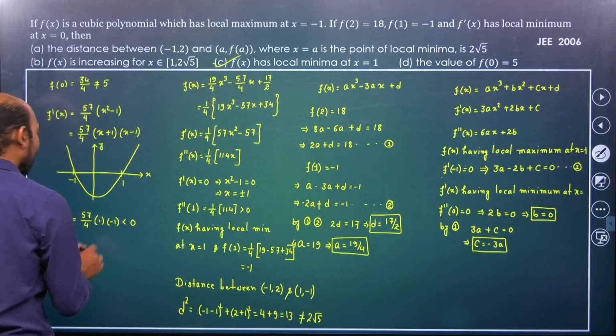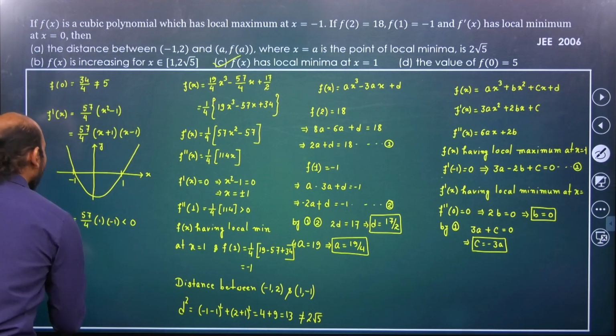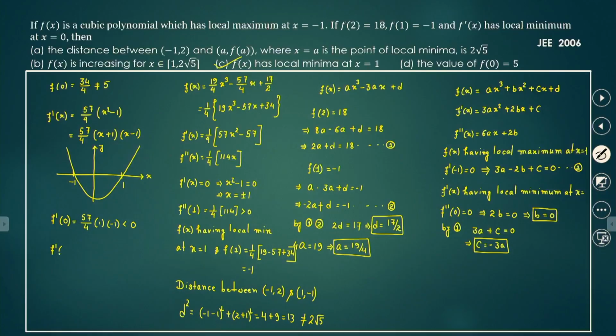Now we calculated that it's less than 0 between the roots. So f dash x is greater than 0 in the interval 1 to infinity, and also in the interval minus infinity to minus 1, closed interval. So in that case, f(x) is increasing.